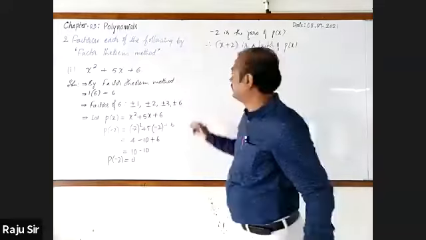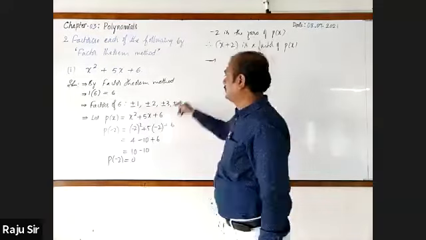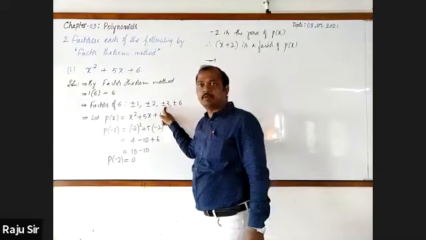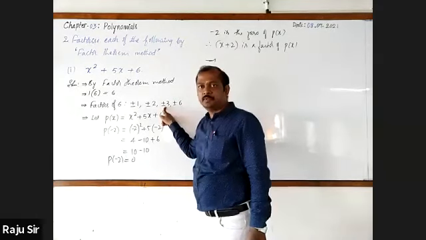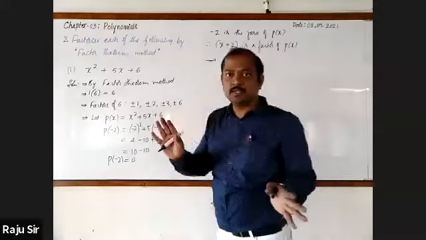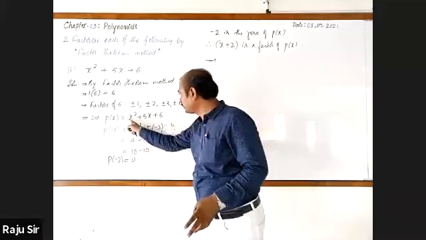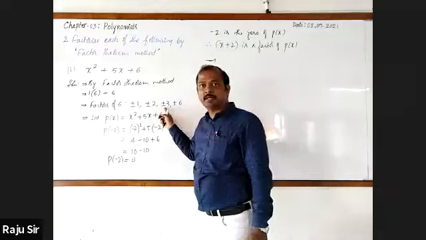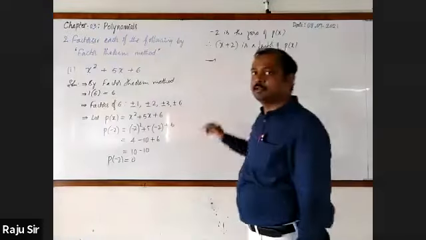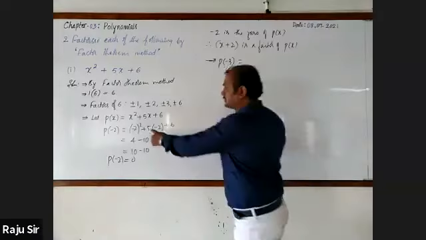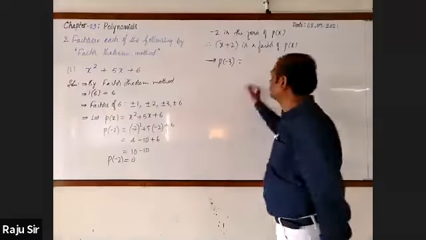Next. Right. Shall we go for taking plus 3? I thought that it won't be 0. Hence, I go for trying this by taking minus 3. P of minus 3. Substitute minus 3 in place of x.